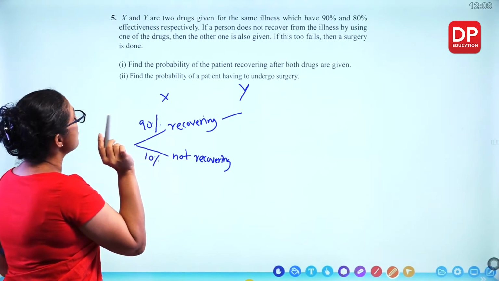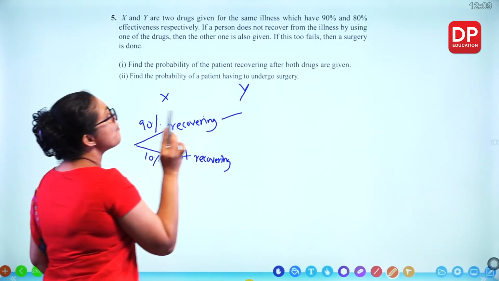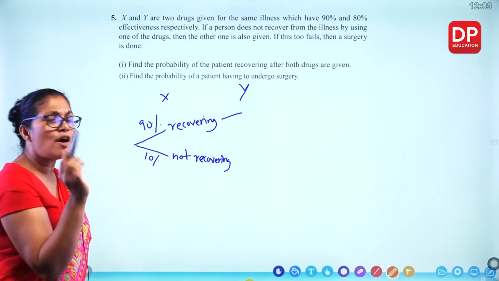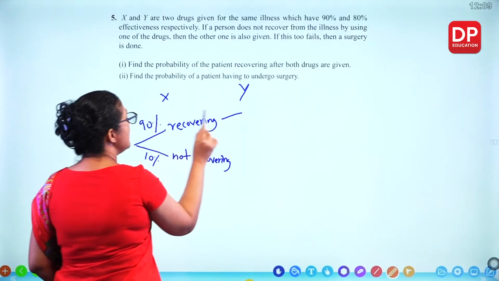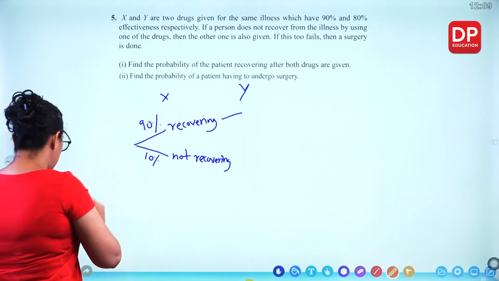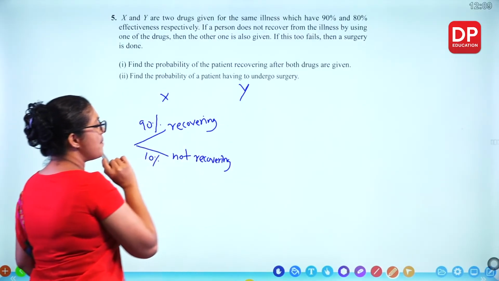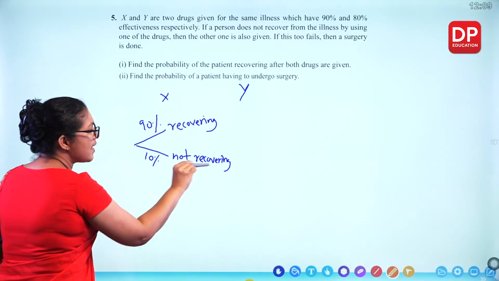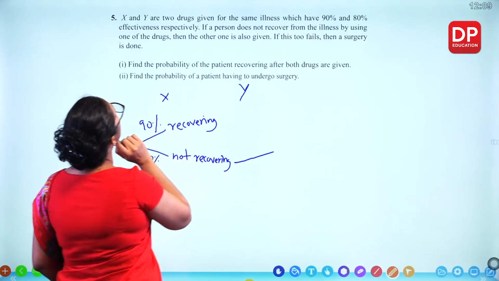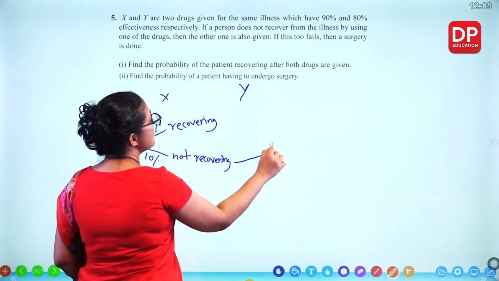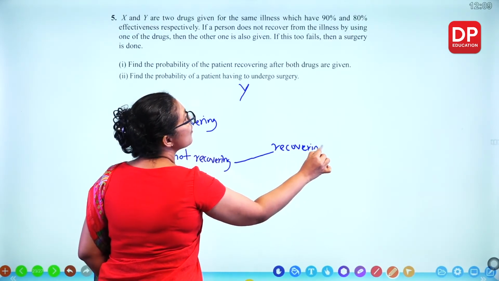If you take Y, recovering is 80%, but it says if a person does not recover from the illness by using one of the drugs. So here you can't draw the branch here. So already recovered. Then what happens? You are not getting another branch. If it's not recovering, you have to give the method Y. So what's the recovering from Y?